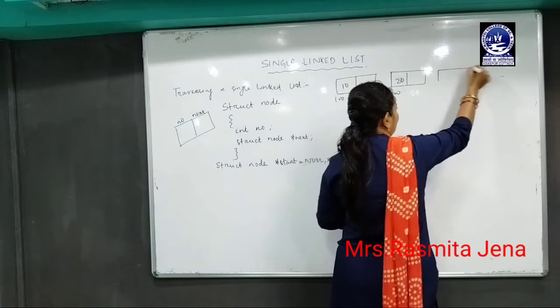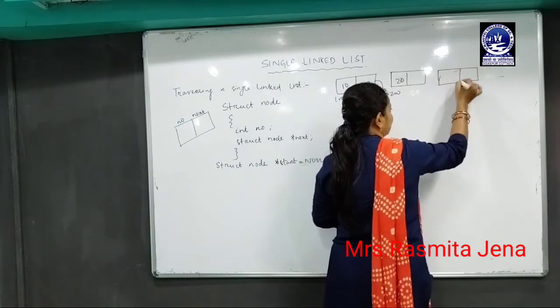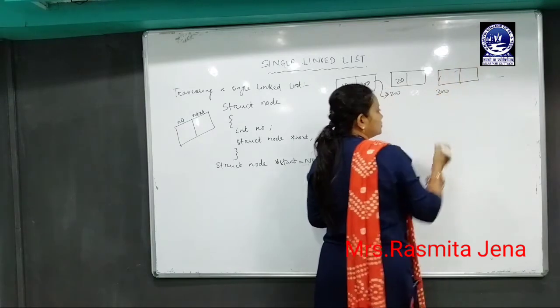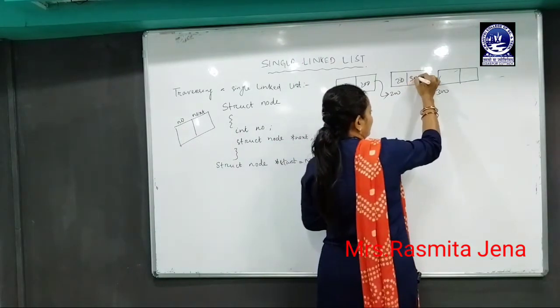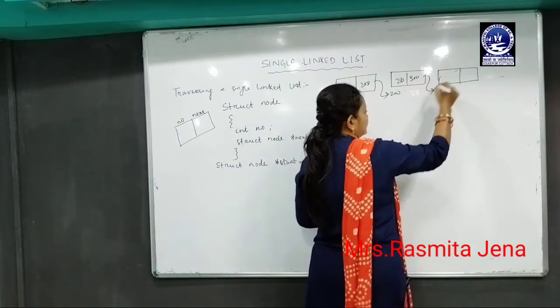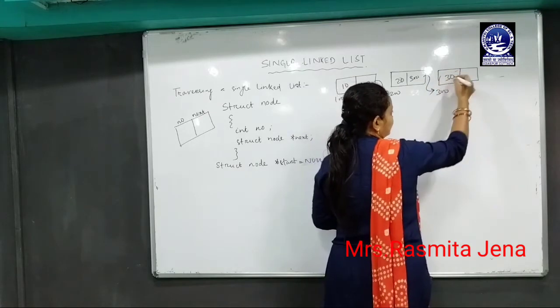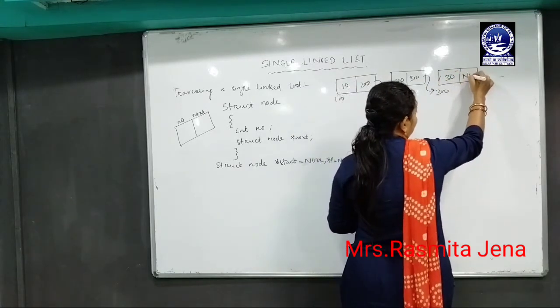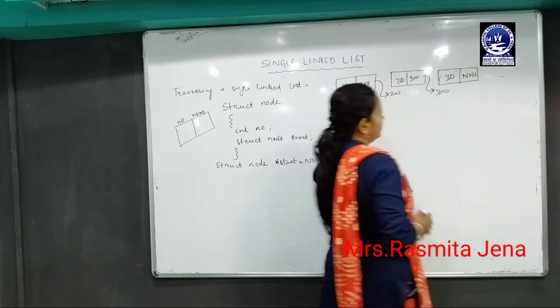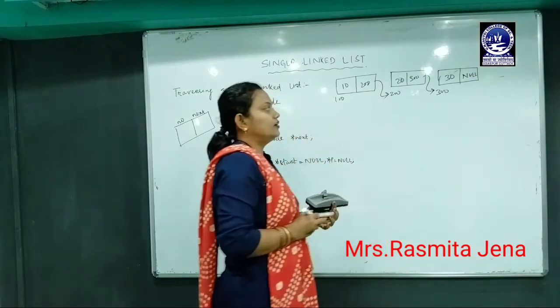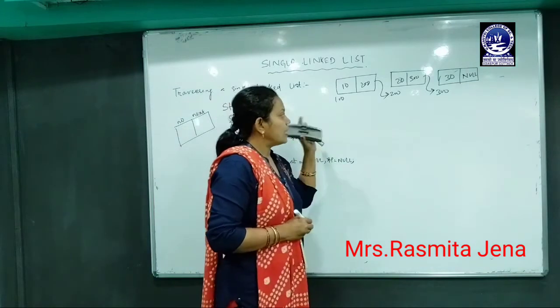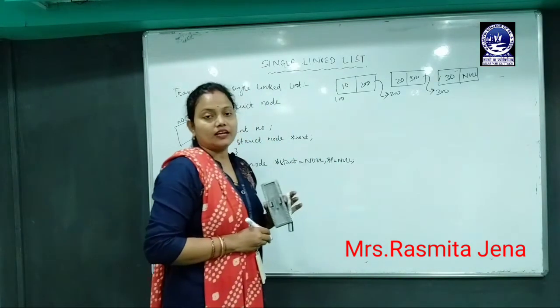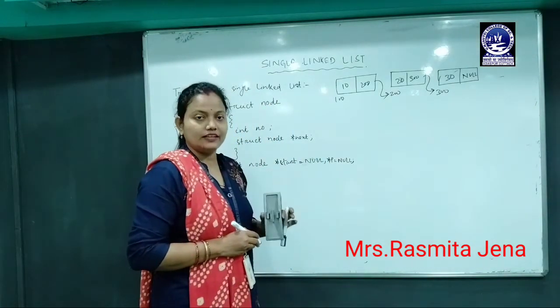We have another node, the third node, which is created at location 300, and this is held by the address part of the second node, and the data part of 300 contains 30. We know that the last node of the single linked list contains a null value in the address part. So this is the list which I already created at the time of creation of the single linked list.